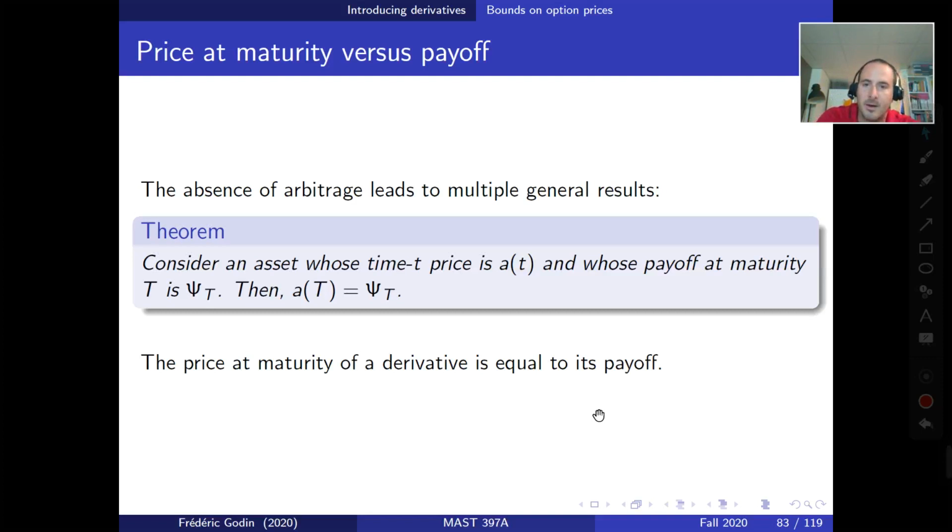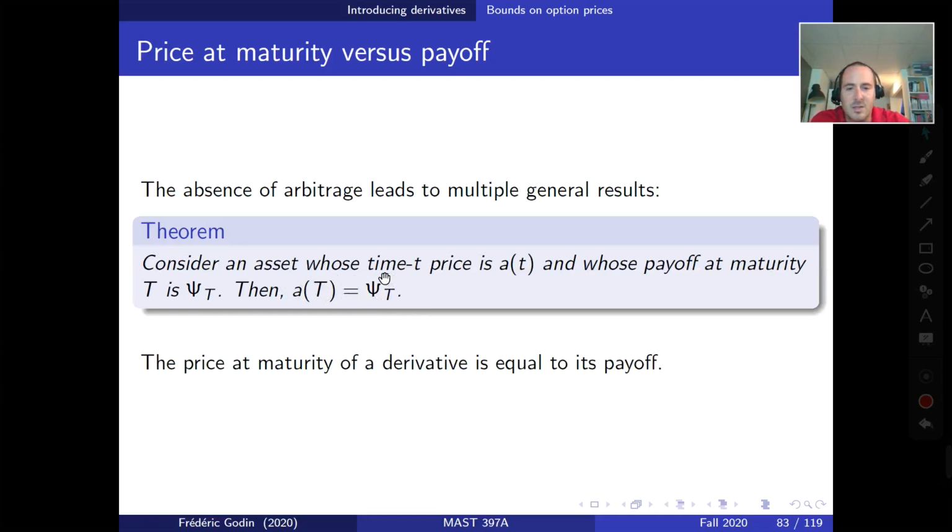So the absence of arbitrage we've postulated, we're going to see it leads to multiple general results associated with the pricing of financial derivatives. Some of these results are very obvious, some of them a bit less. So the first result is the following.